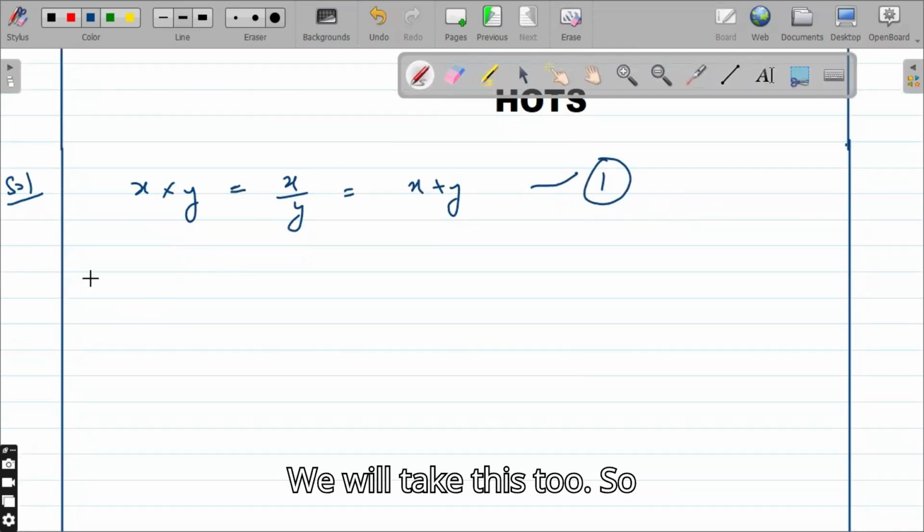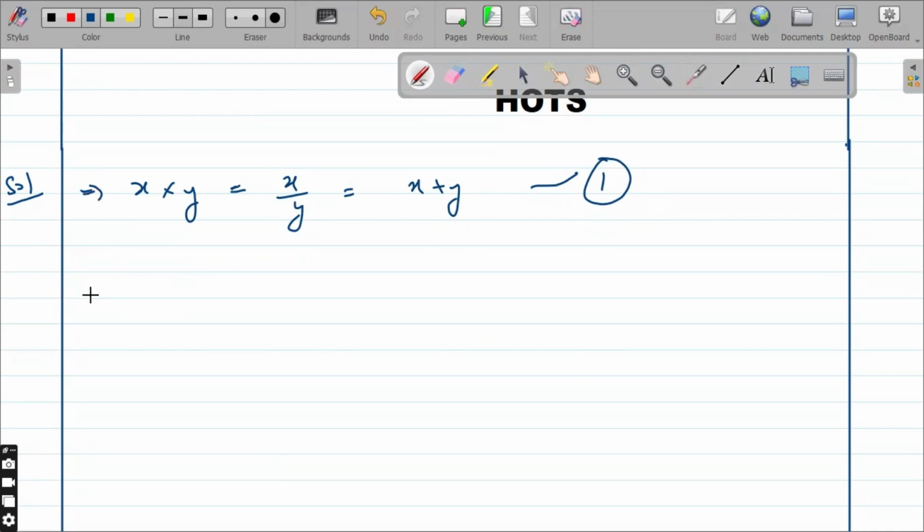In our next step, we will take the first two. So we will write x into y equal to x by y.